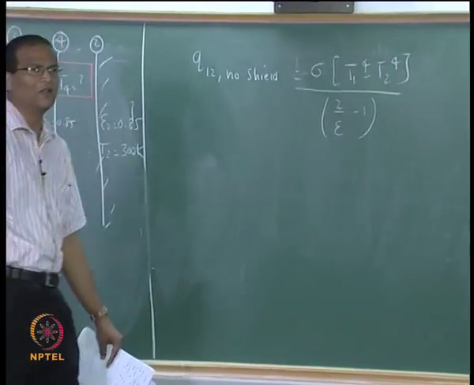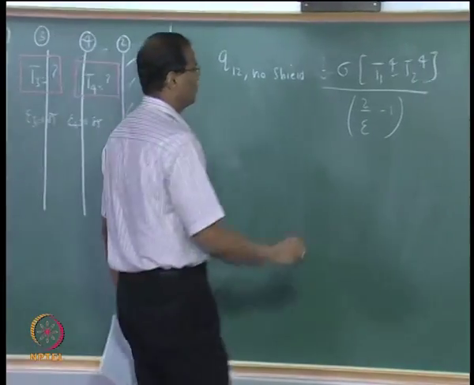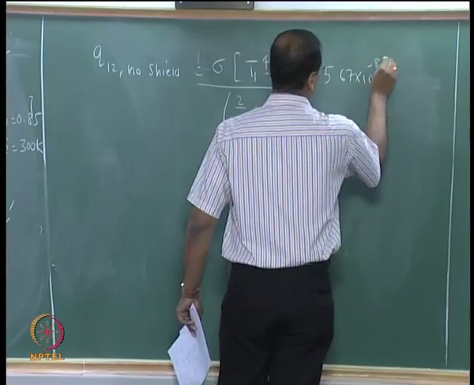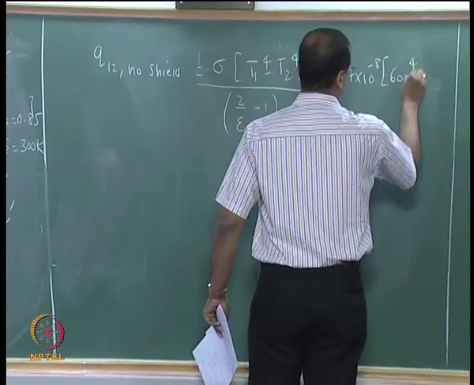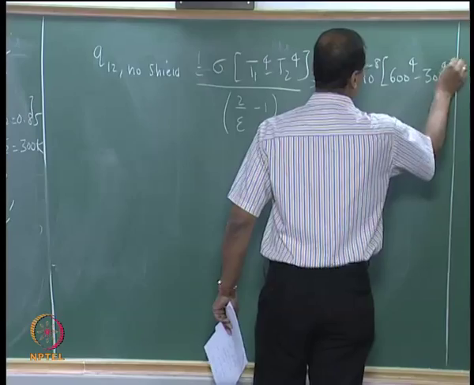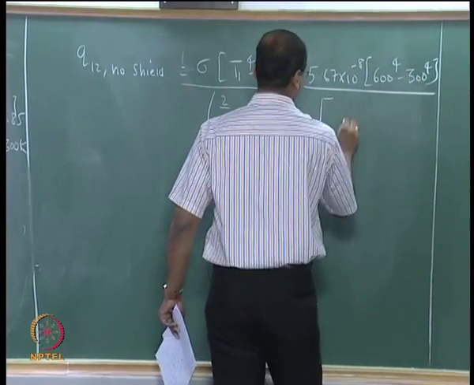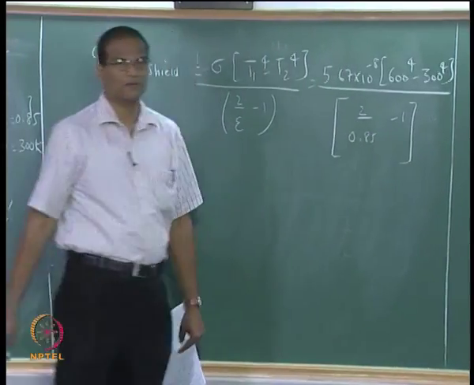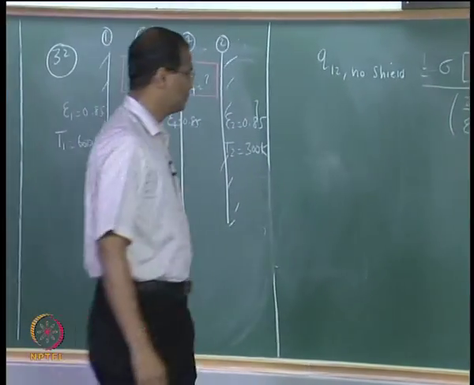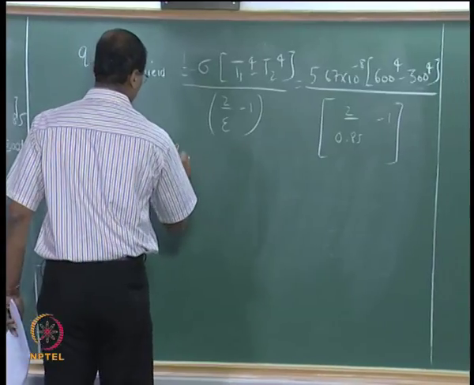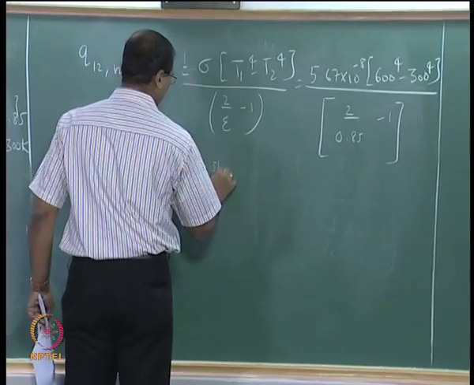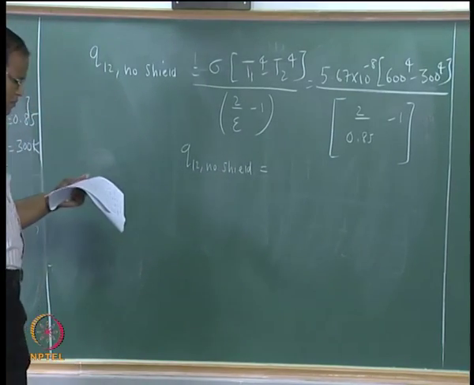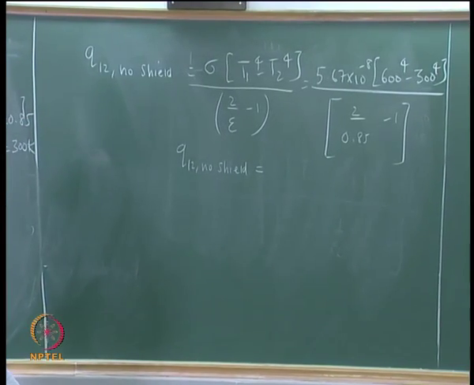Okay. First we will write the Q12 no shield. Five thousand 91.9.